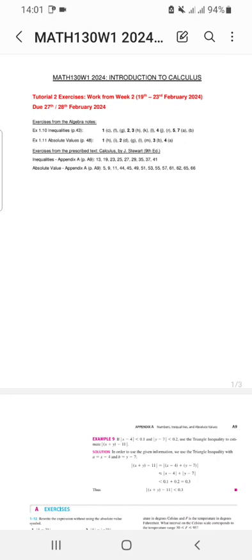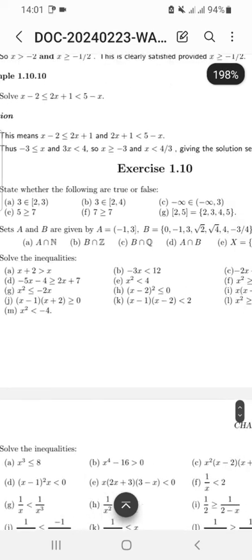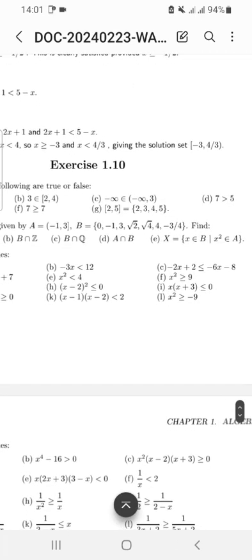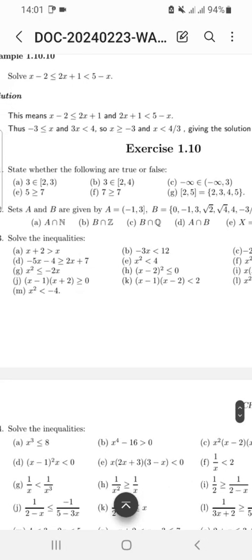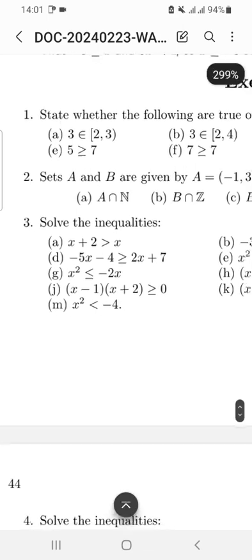Now the next question, number 2. Now sets A and B are given. Find A intersect natural numbers. So what this question means is, all the natural numbers in A, you must give it, right?